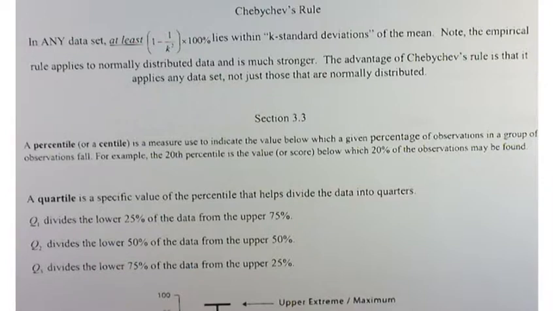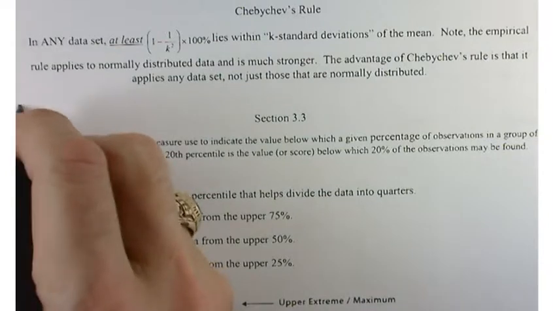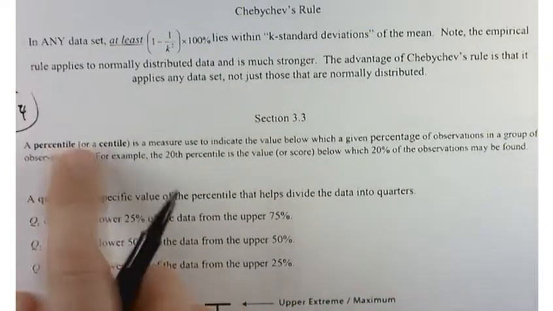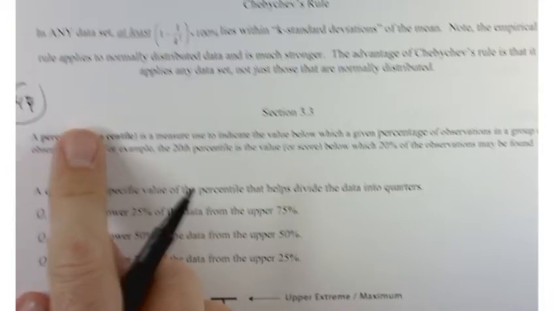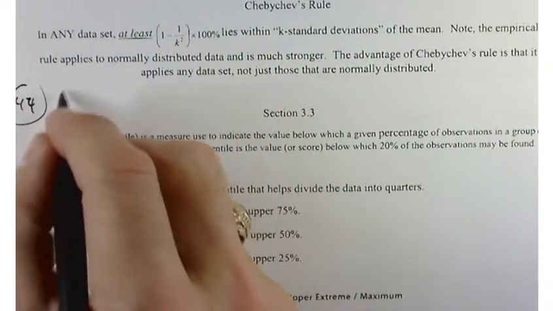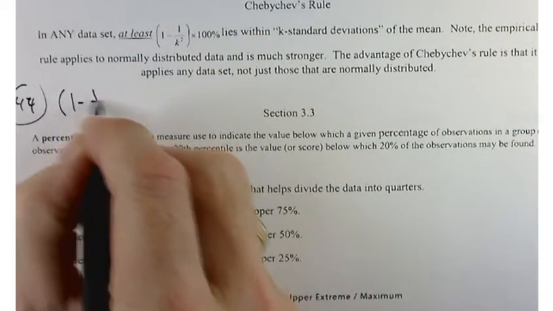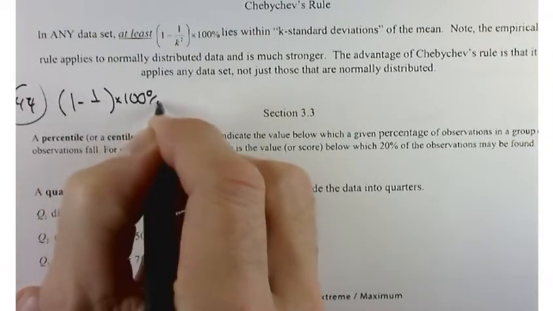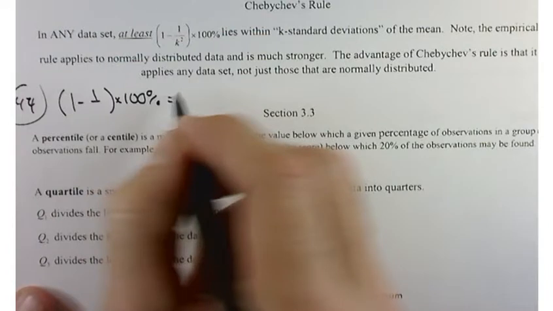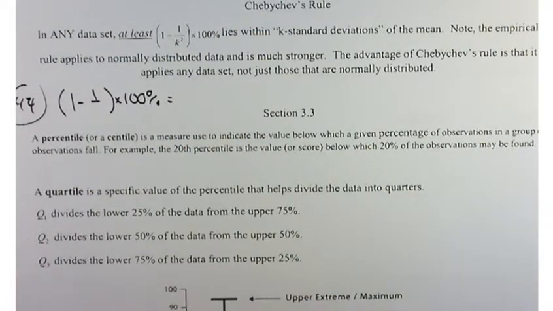So for problem, I think it's number 44, asks us to find, how much data should be within 2 standard deviations of just any data set? So let's plug in k equal 2 here and take out your calculators and see if you can figure out what percentage of data should lie within 2 standard deviations of the mean.